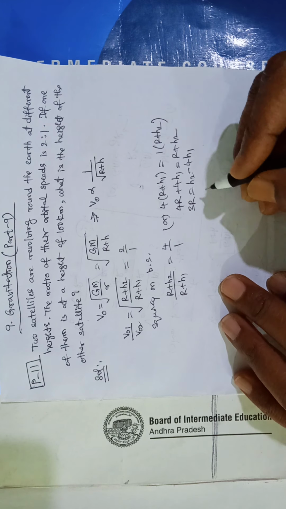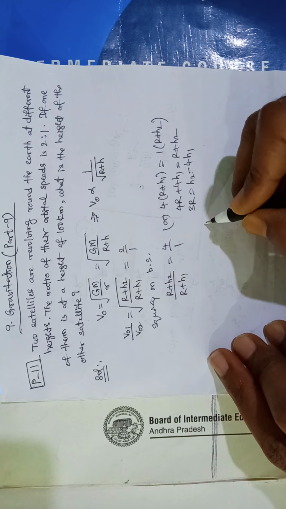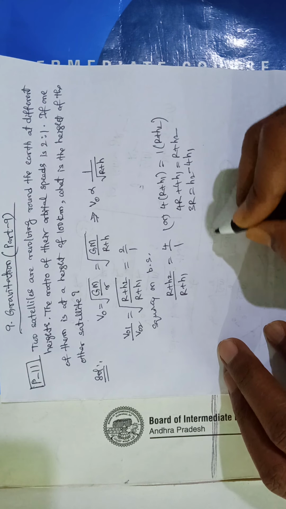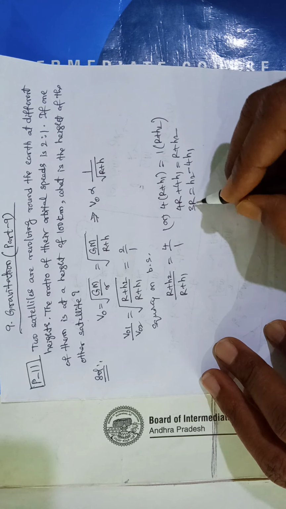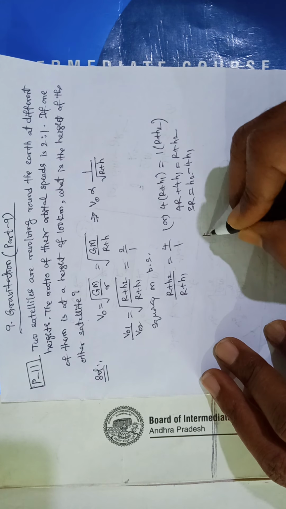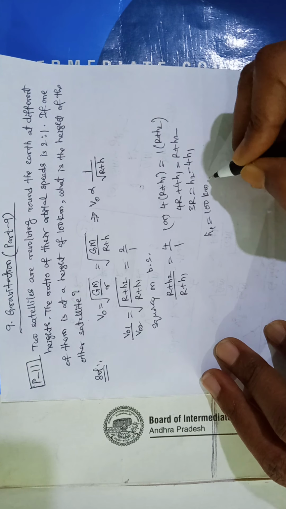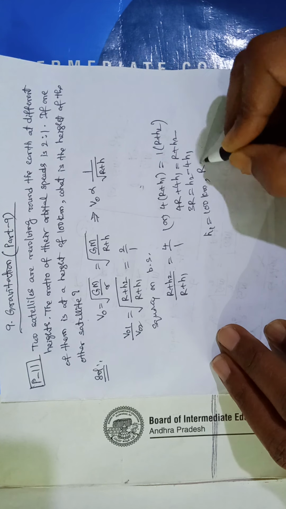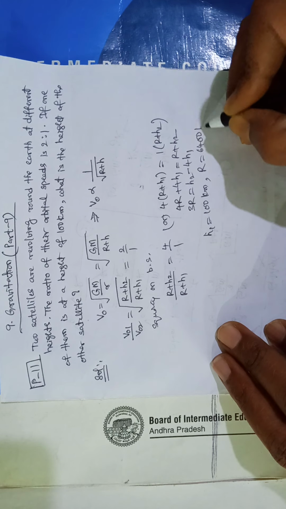So here the value of H1 is given. H1 is equal to 100 kilometers and R for Earth is 6400 kilometers.